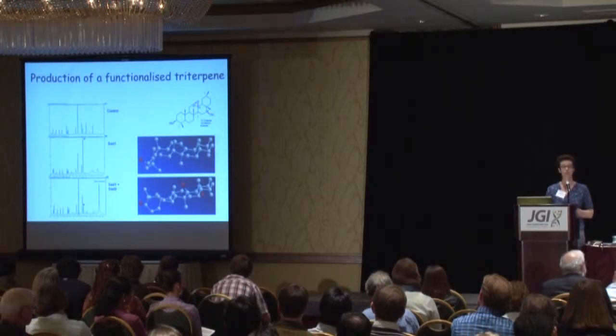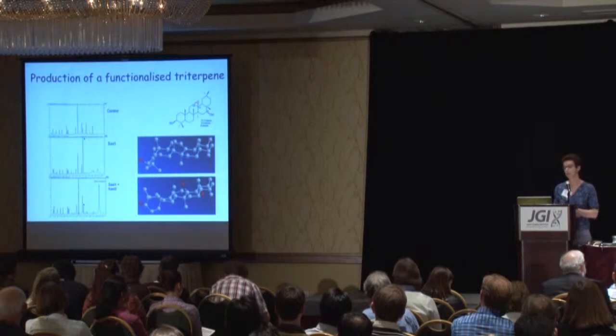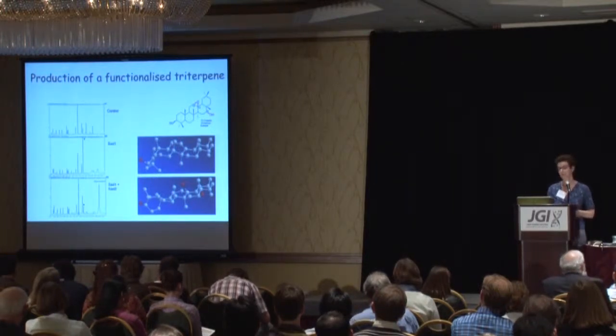We thought that the P450 was likely to modify the triterpene scaffold. We co-expressed the P450 with the triterpene synthase down here. This peak goes down, we get a new peak. We can easily purify tens of milligrams of molecule and determine the structure by NMR, and in fact show that this is a really interesting P450 that does 2 modifications to the triterpene scaffold.